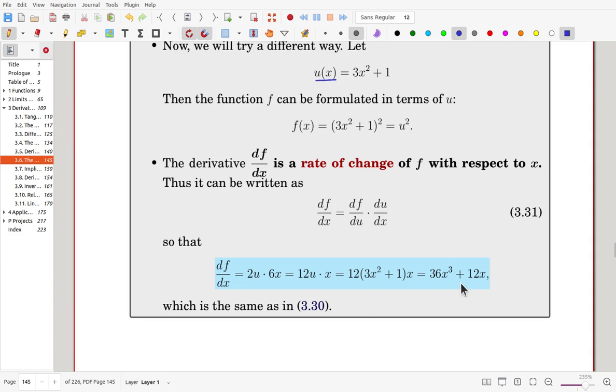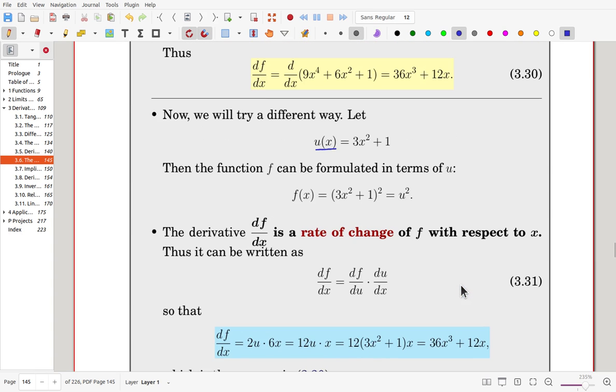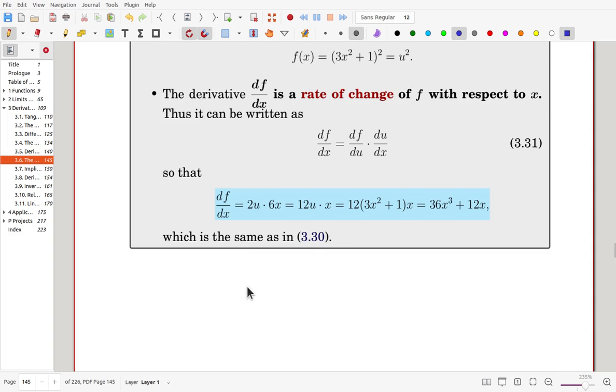So we reach that this one is the same as that one. For this example, this way may not be beneficial because it's almost the same complexity.